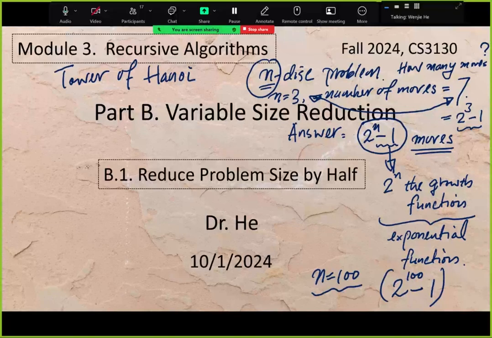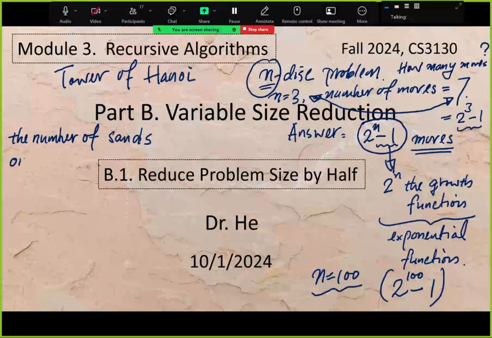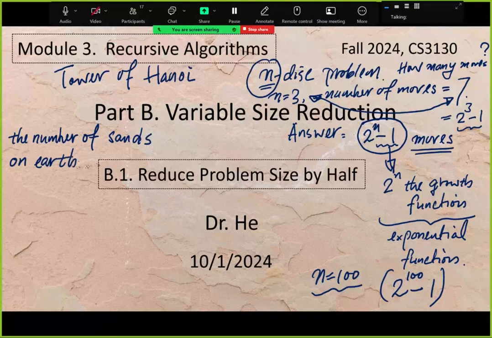Let me give you a reference number. The reference number is the number of sands on Earth.